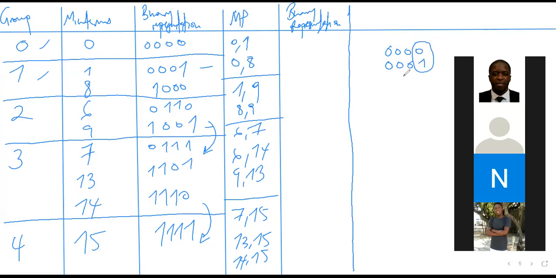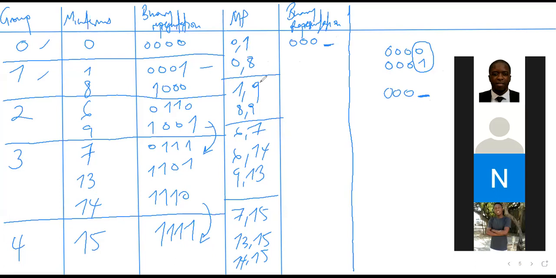The binary representation will look like this: 1, 2, 3, and a dash where there is a change in the variable. So for this 0 and 1 pair, we have 0, 0, 0, dash. This is my binary representation.